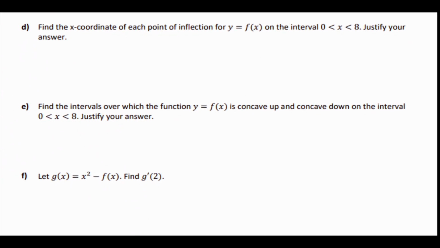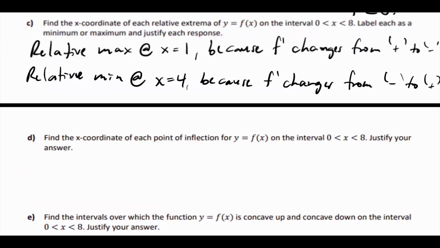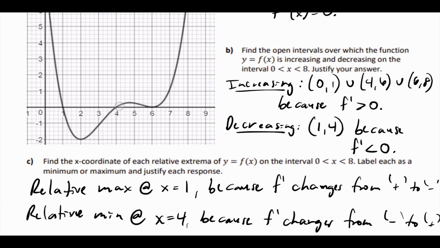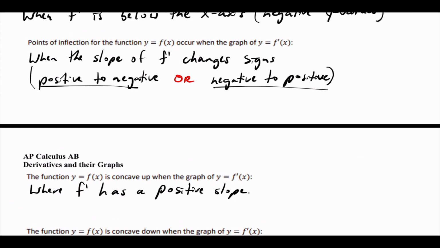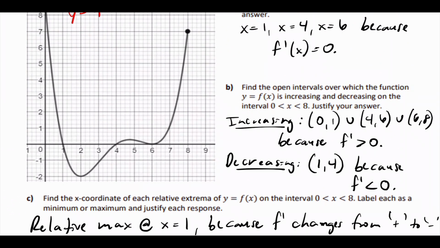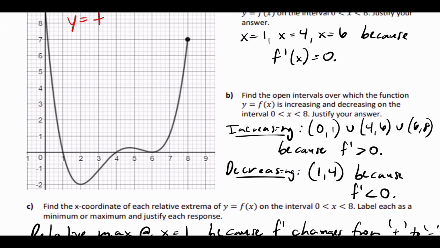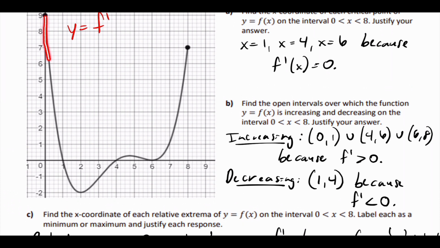Okay. Points of inflection now. Well, let's see what our guidelines say about points of inflection. It says when the slope of f prime changes signs. So when the slope of these guys here changes signs. So let's see, what does that mean? Well, right now my slope is negative because I'm decreasing, right? But here it changes at 2.